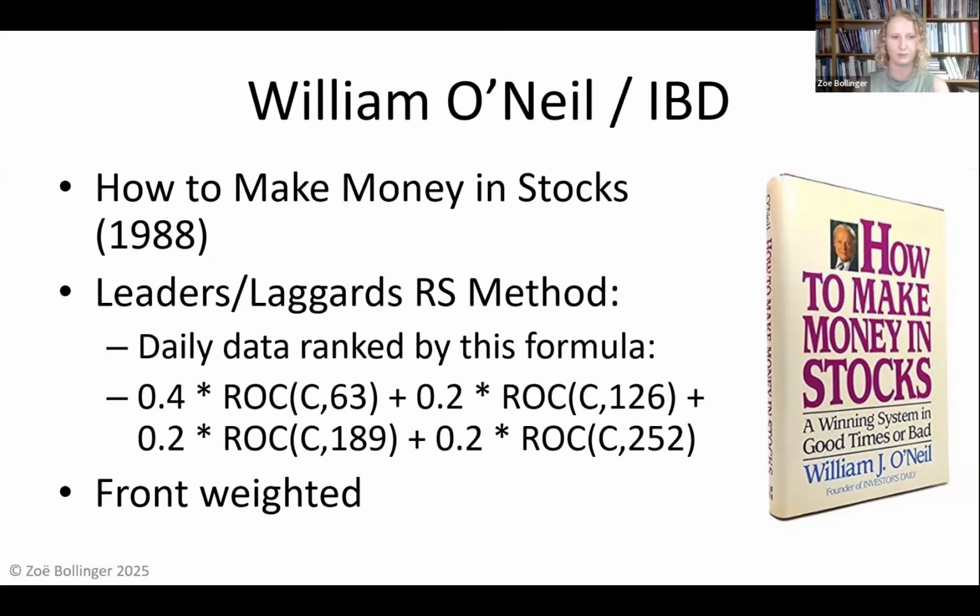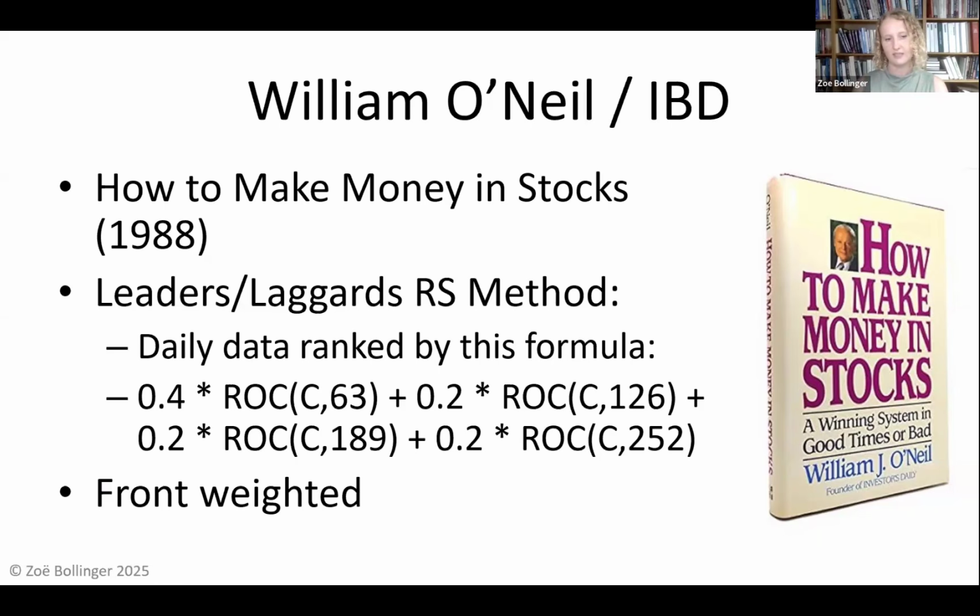But a big piece of his approach is his own leaders versus laggards RS methodology. We're moving into the more recent past here. So he uses daily data, and he uses a combination of four different weighted rates of change: a 63-day, 126-day, 189-day, and a 252-day, or 1 year.